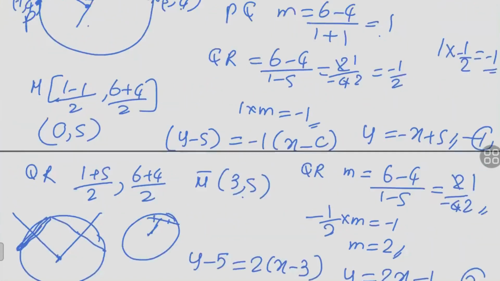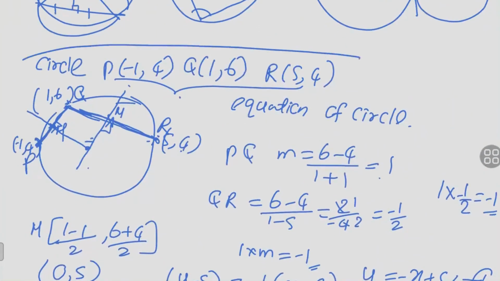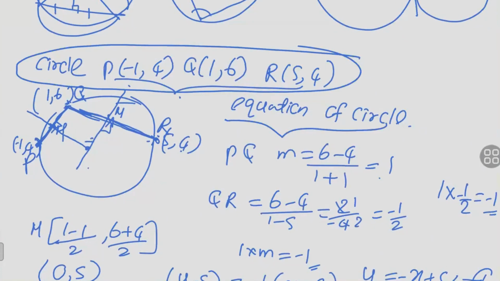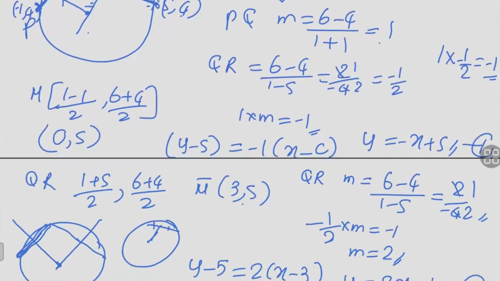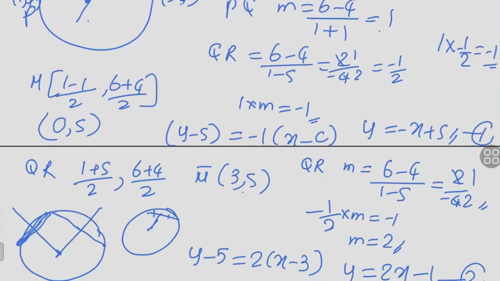Otherwise nothing is provided in this question. The circle satisfies these three coordinates only, and that is the only thing given to find the equation of the circle. So this is the chord theorem you should remember. This is a huge mark.